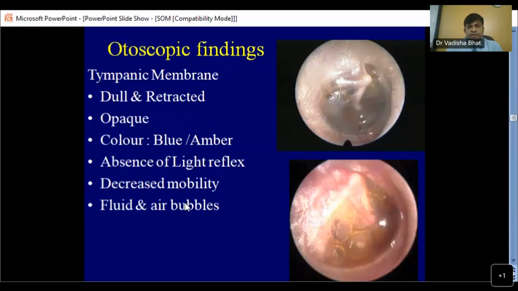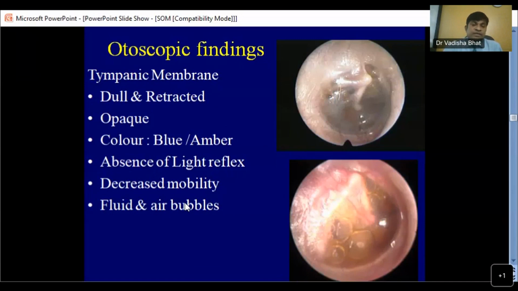Mild earache, of course, may not be that significant, and occasionally they may also present with tinnitus and vertigo. When we examine the tympanic membrane, the first thing is a dull or retracted tympanic membrane because of the tubal dysfunction leading to negative middle ear pressure. It may look opaque or sometimes blue or amber colored. So serous otitis media is one of the differential diagnoses for blue tympanic membrane.